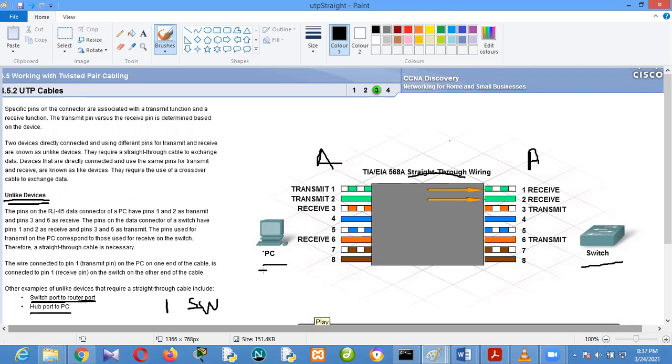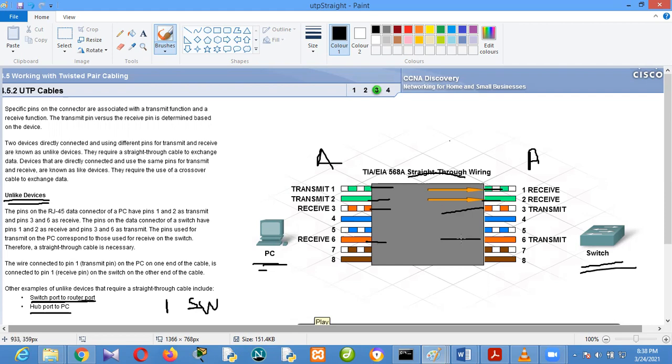When this PC wants to transmit, it will use this green to transmit, and this switch will receive with green, these two greens. When this switch is responding, it will use orange, and this PC will receive with orange and orange.